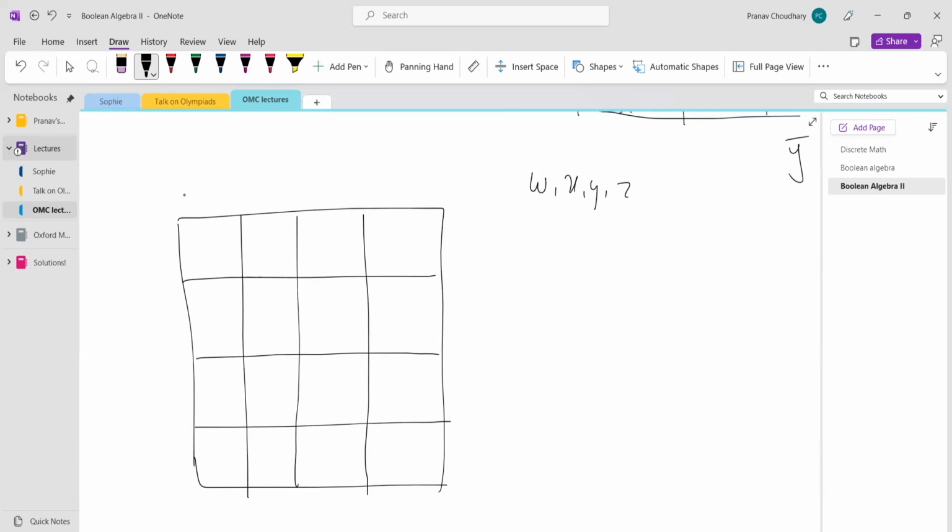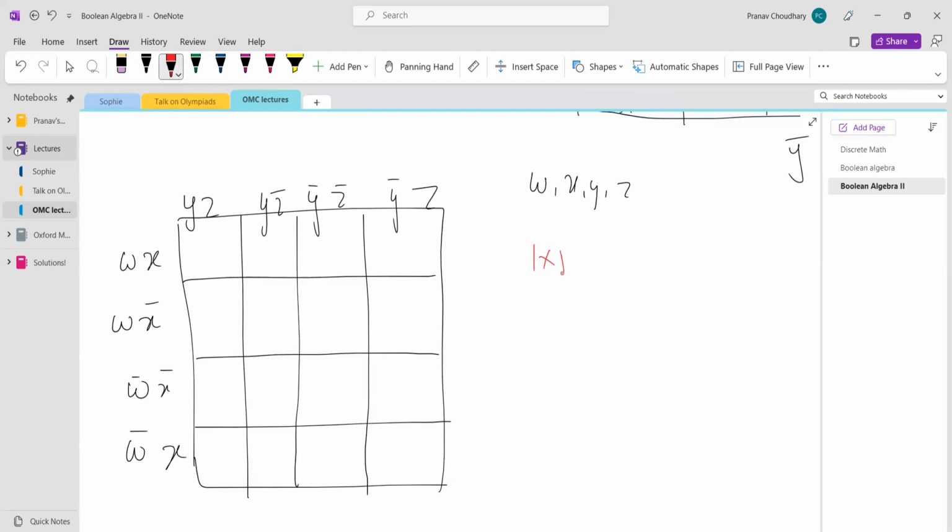Suppose the variables are w, x, y, z. So here, just like 3 variables, write y, z conjugate, y conjugate, z conjugate, y conjugate, z. And similarly, here you consider w and x. So you have wx, wx conjugate, w conjugate x conjugate, w conjugate x.